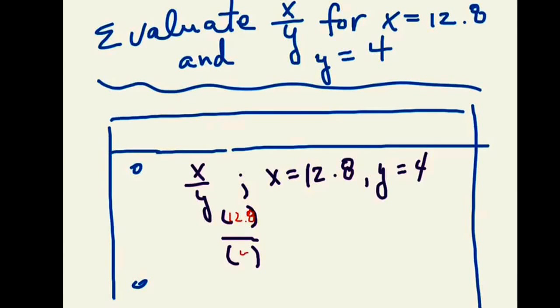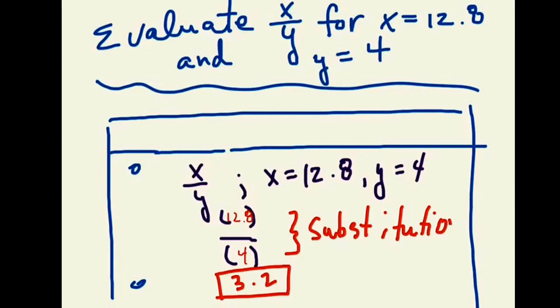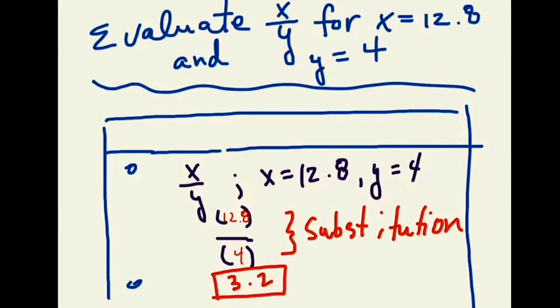Well, 4 goes in for y. And the third line is your answer. So your answer line right here, what's 12.8 divided by 4? Well, 12 divided by 4 is 3, and 0.8 divided by 4 is 0.2. So this is 3.2. So 3 lines. This middle line right here is called substitution. Very important. You do it all the way throughout the book.